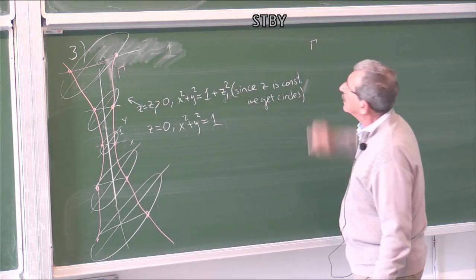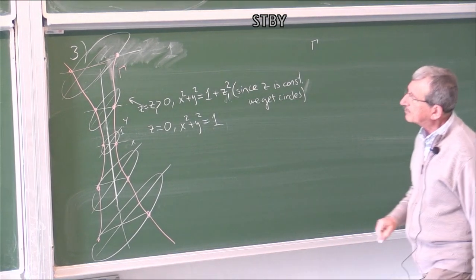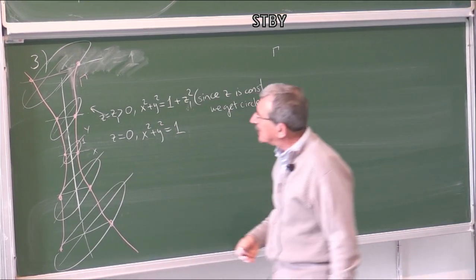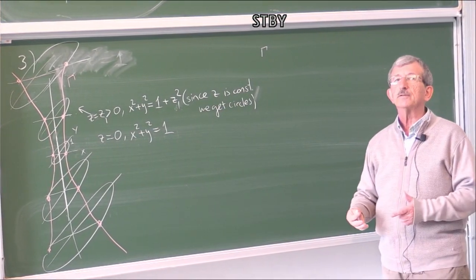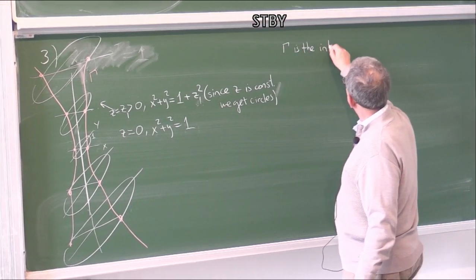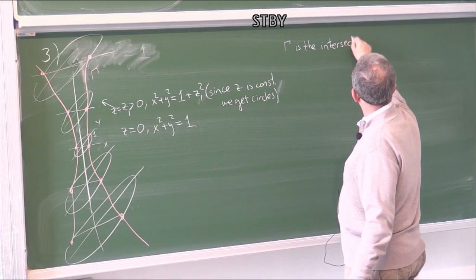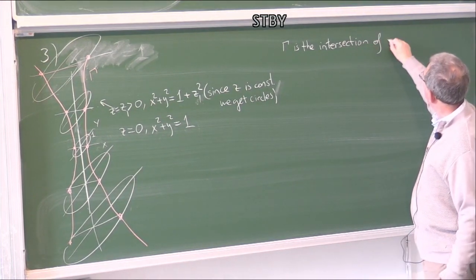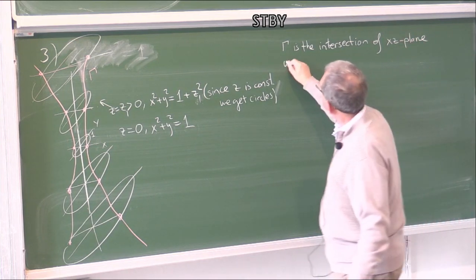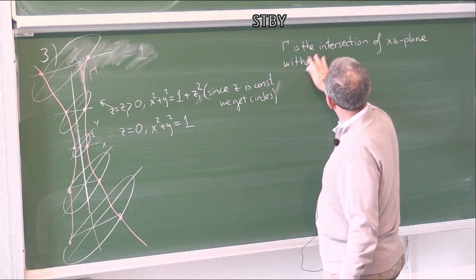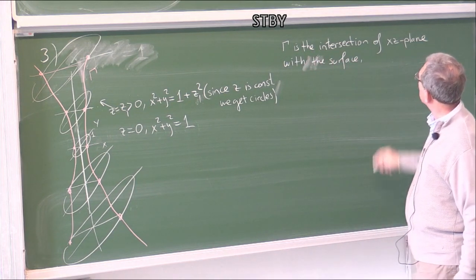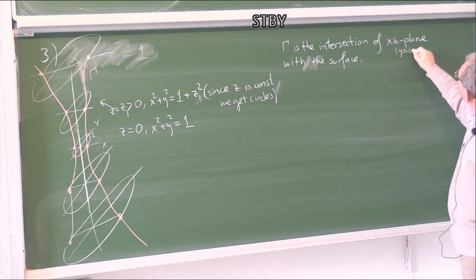Well, clearly, the curve gamma is the intersection on both sides of the vertical plane zx with the surface. So gamma is the intersection of the xz plane with the unknown surface. But xz plane means y is 0.